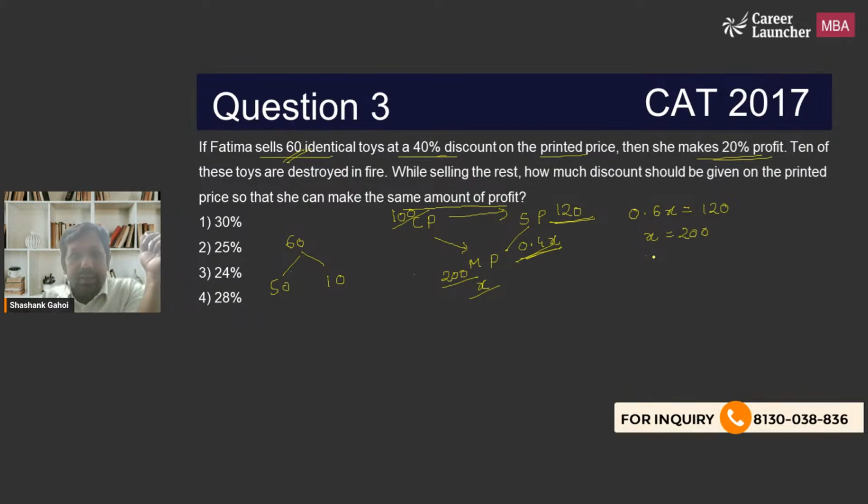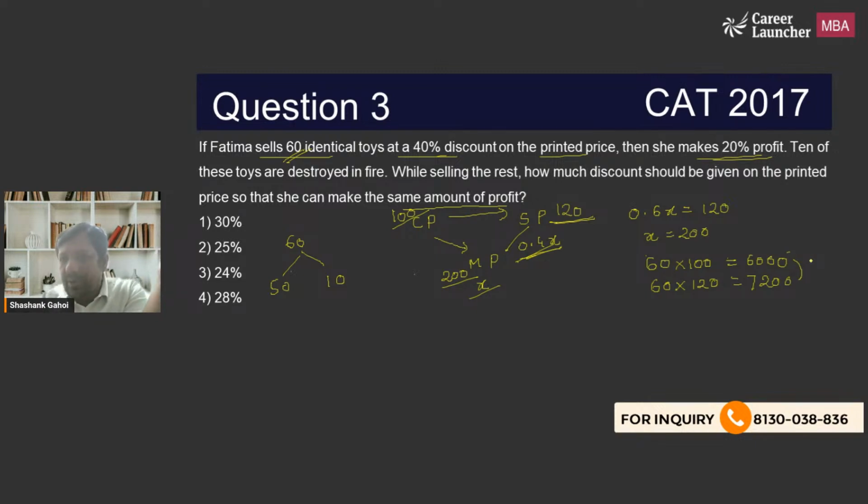She had 60 toys. The cost price of each toy is 100 rupees. So total cost is 6,000. Okay. Now she has 60 toys. She is supposed to sell them at a price of 120. So selling price is going to be 7,200. This is what we know so far, right? What is the profit amount we are talking about?